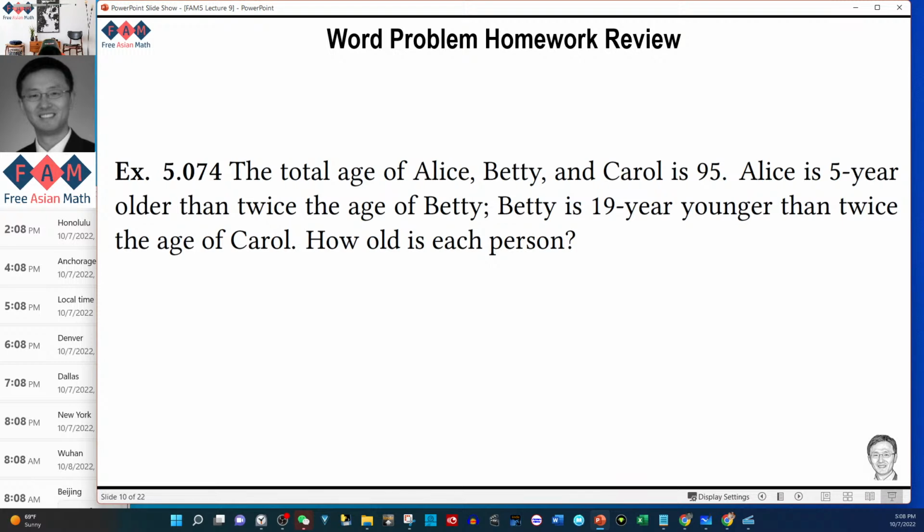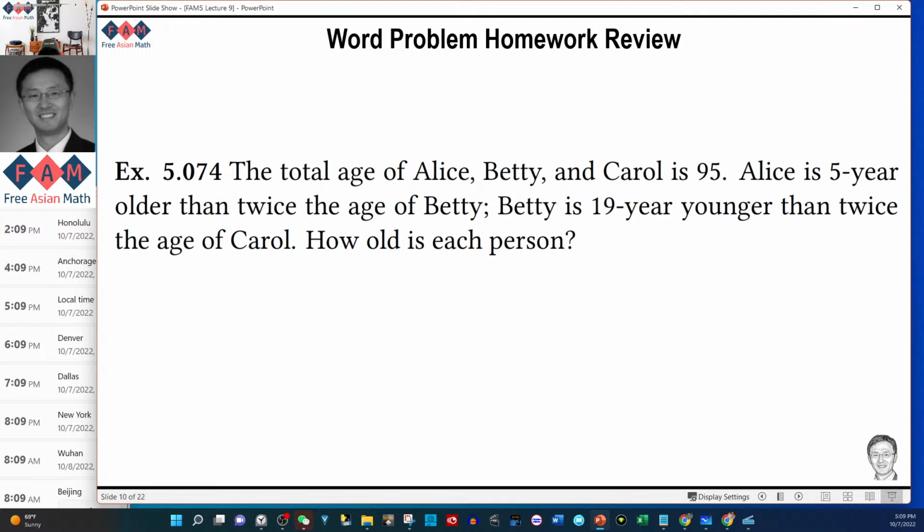well, if Alice wants to be exactly twice the age of Betty, what does Alice need to do to adjust her age? Her starting point is already 5 years older than twice the age of Betty, but that's Betty's real age. If now we want to make Betty 19 years older, what kind of adjustment does Alice need to make?